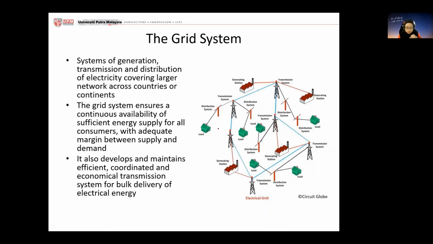You're not going to produce only enough, because what happens if one power plant shuts down? You're going to have problems in terms of blackouts, right? You're not going to be able to meet the supply. So the grid system also develops and maintains an efficient, coordinated, and economical transmission system for bulk delivery of electrical energy, right?